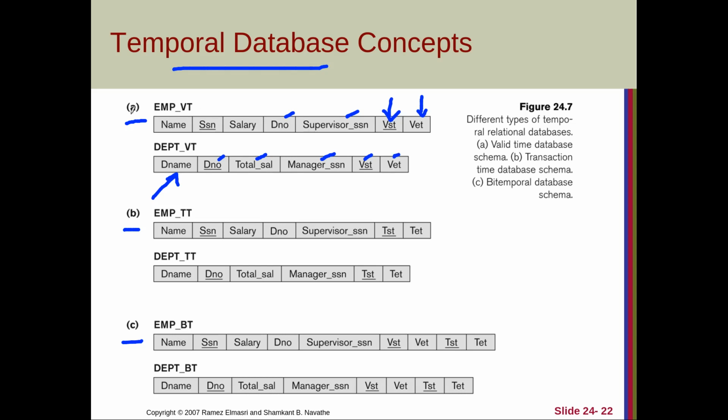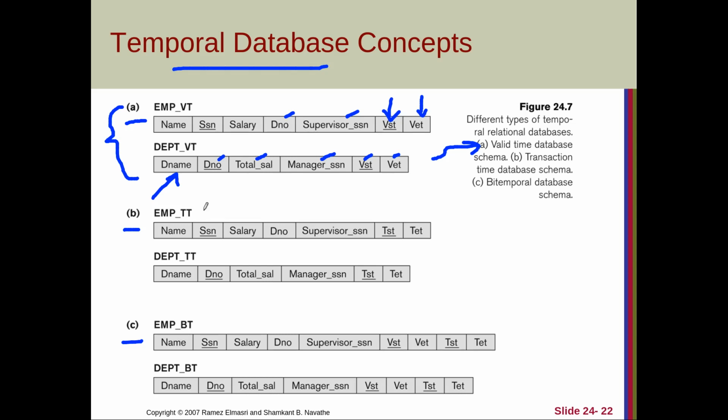So this is the way in which a temporal database in the valid time database concept is represented. So remember, for every relation, if it is following valid time relation, add two more attributes, valid start time and valid end time. Valid time database means that in the real world this information is valid during valid start time and valid end time.